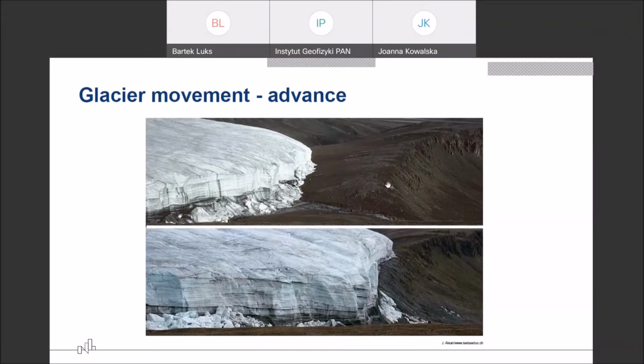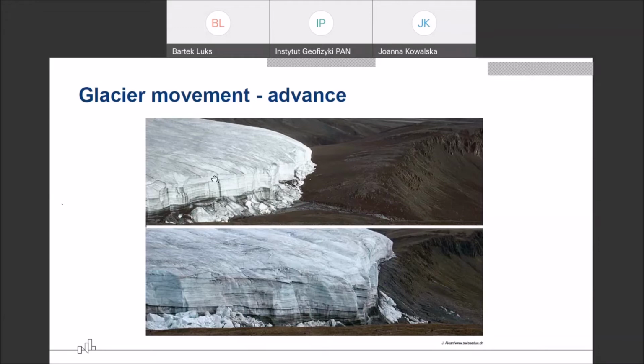Here, from here to here, it's about 50 meters, but it's still slowly going forward, advancing. So even in a warming climate, we can have advancing glaciers, which is good, but most of them are unfortunately retreating.